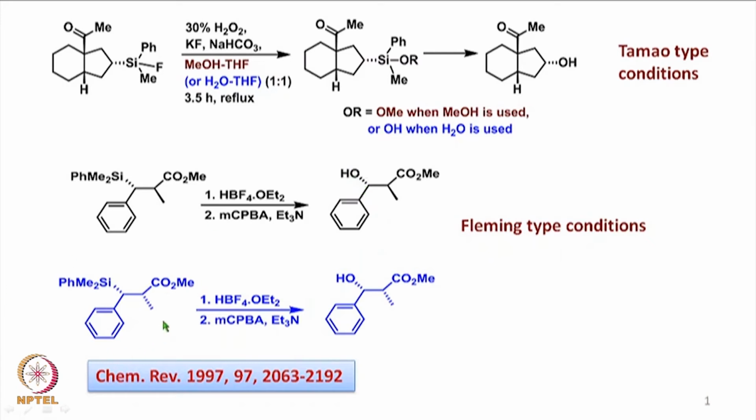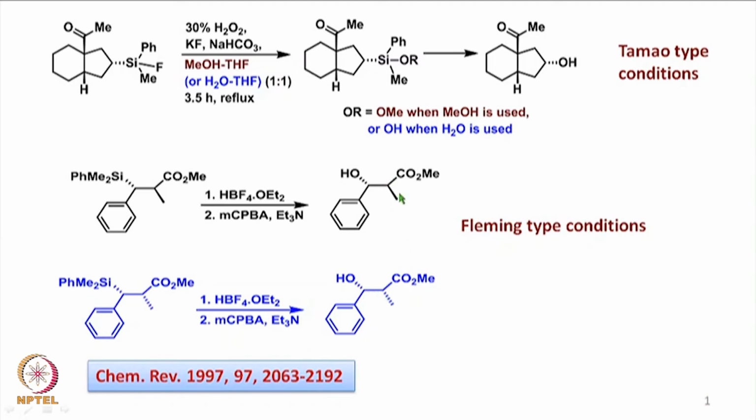In a similar fashion, irrespective of the stereochemistry of this particular carbon carbon bond here, whatever is the stereochemistry of the carbon silicon bond, that is what is translated into the final product. That means there is again retention of stereochemistry.